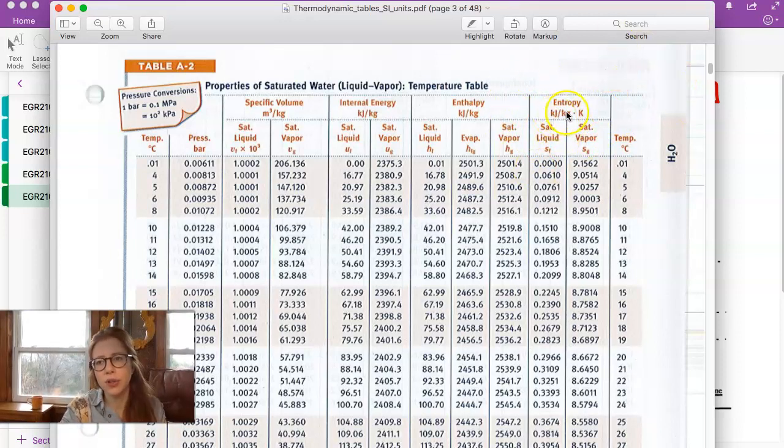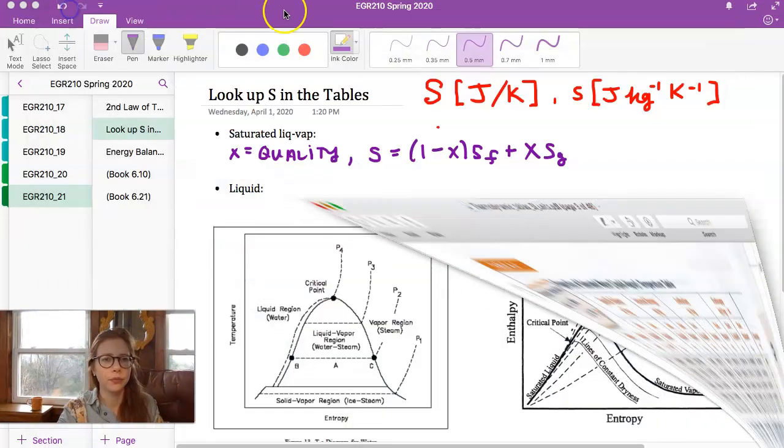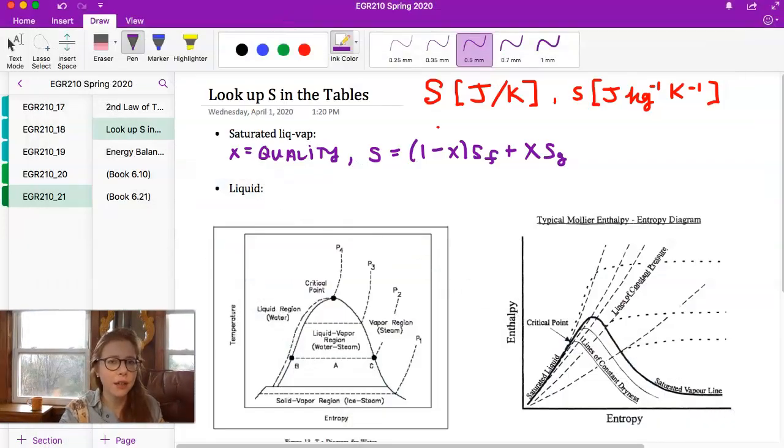So this is kilojoules per kilogram Kelvin. The Kelvin's in the denominator in your table. So if you had a saturated liquid, you'd be over here. So there'd be 1 minus the quality times the saturated liquid value, plus X, your quality, times the saturated vapor value. And we'll be working with that a little bit more later today.